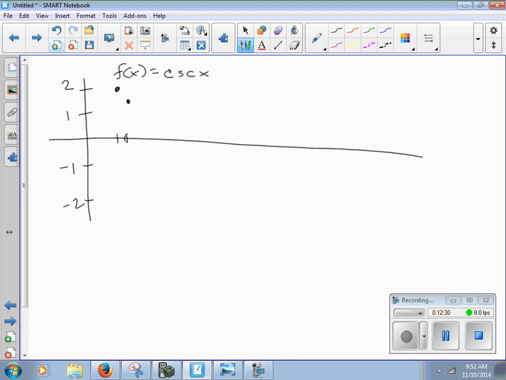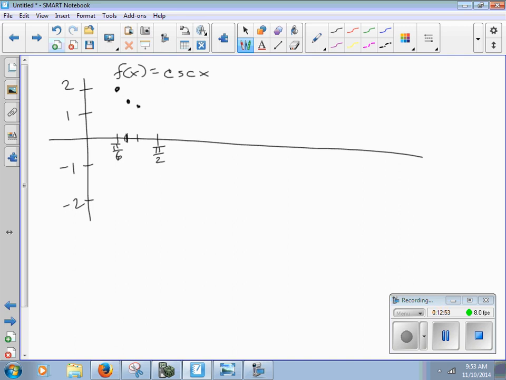So something like that. What's pi over 3? 1.2. So it's going to get closer to 1. So this is pi over 4, it's pi over 6, that's pi over 3.